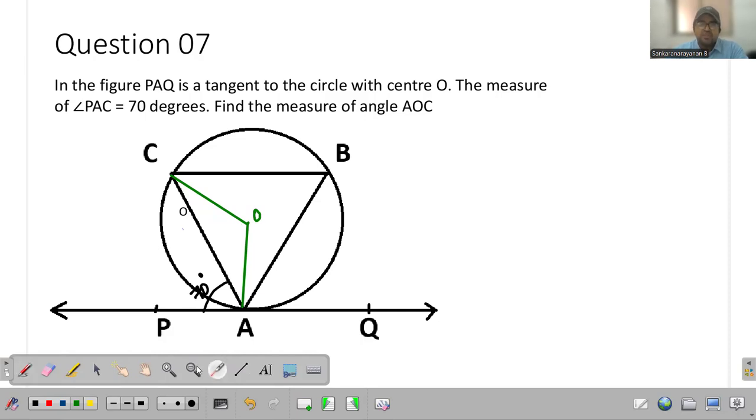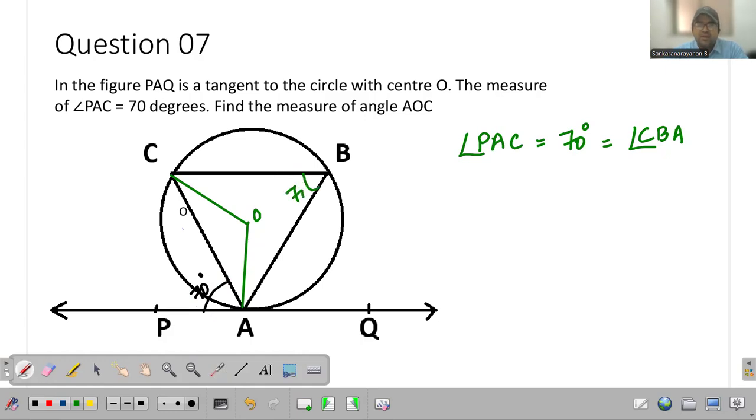As per the alternate segment theorem, the measurement of angle PAC, which is given as 70 degrees, will be equal to the measure of angle CBA. If this is 70 degrees, I can say that this also will be equal to 70 degrees.